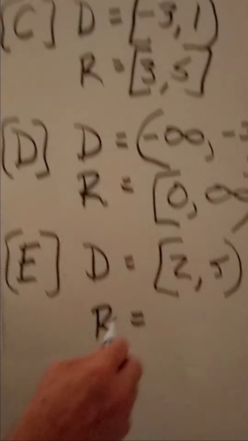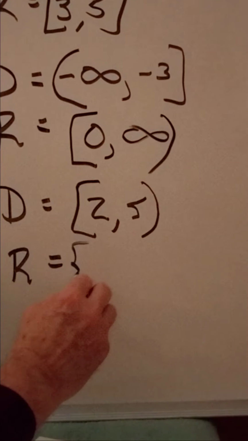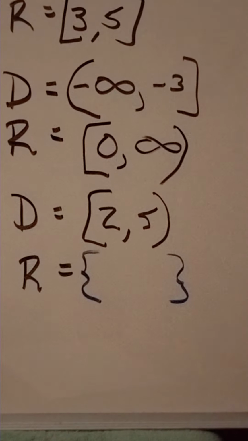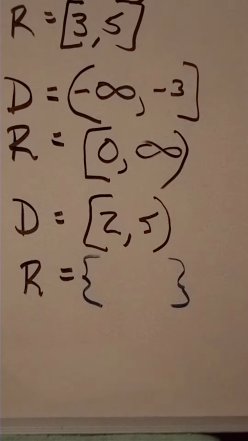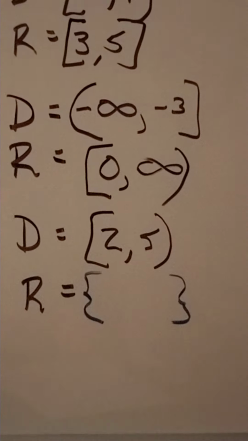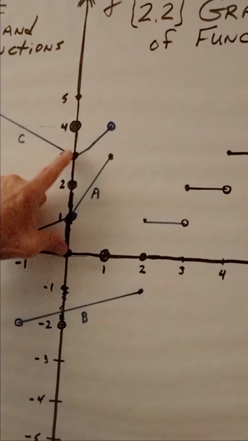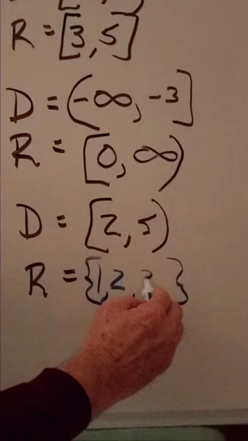And roster notation makes use of braces. No parenthesis, no bracket, because it is a discrete set of values. 1, 2, 3, done.